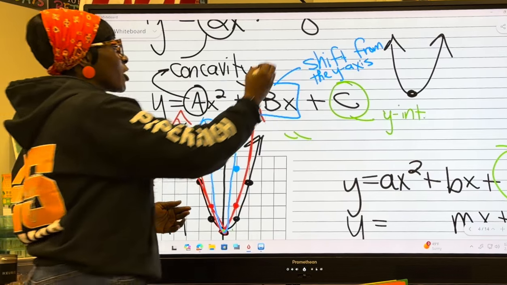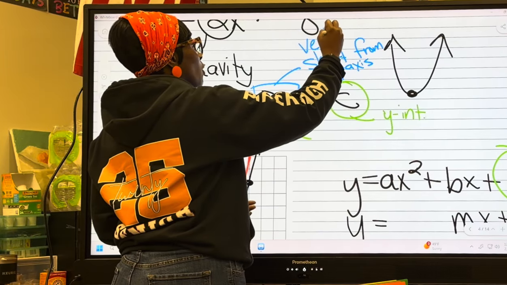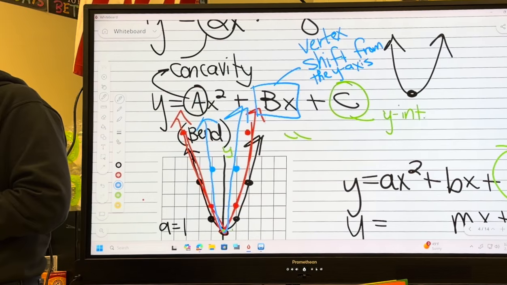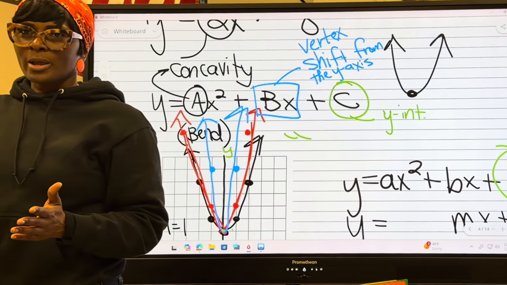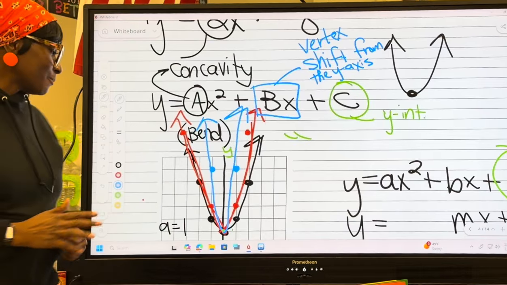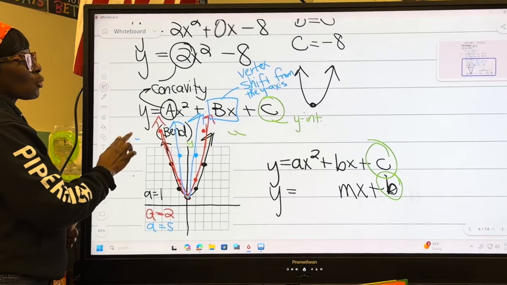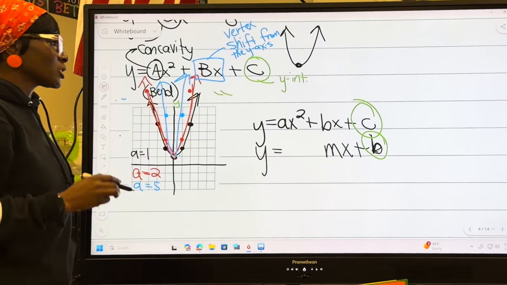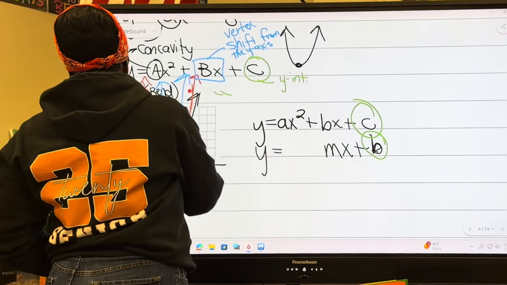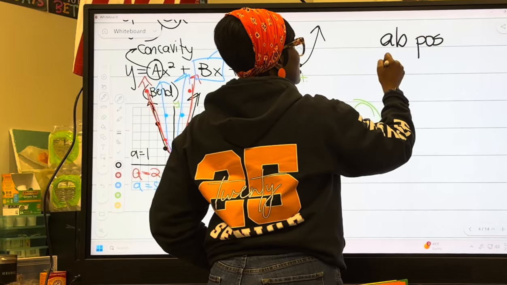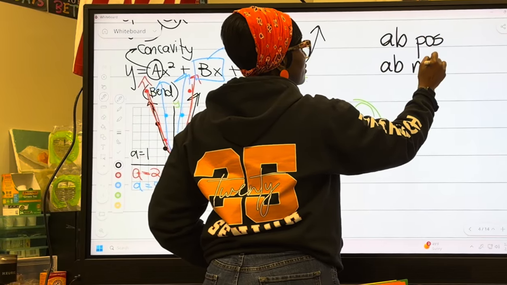It gives me my vertex shift. It tells me where my vertex moved. Did it move to the left or did it move to the right? Right? Now, how do I decide that? Well, B by itself doesn't do that. B along with A tells me that. So watch this. In your notes, write down AB positive and AB negative.